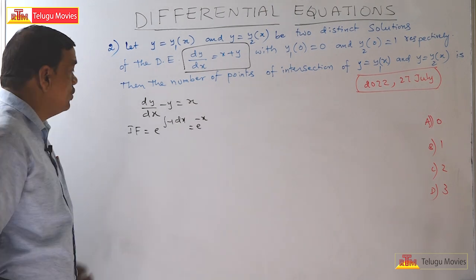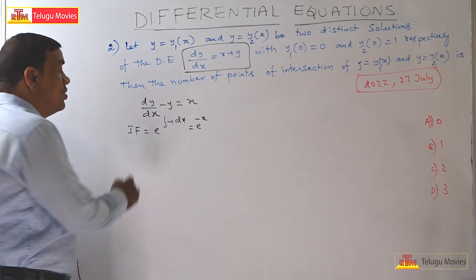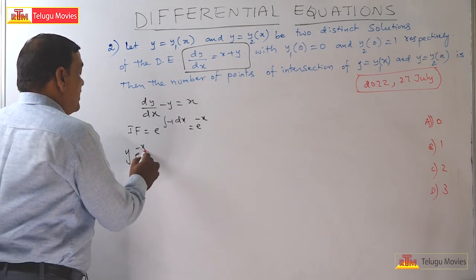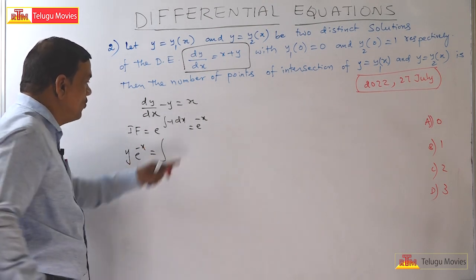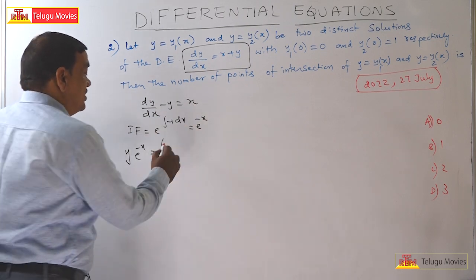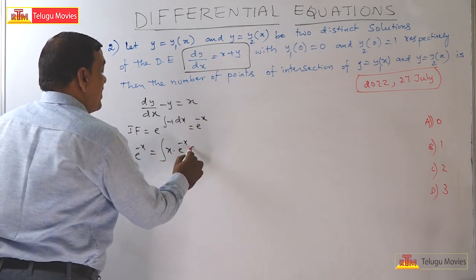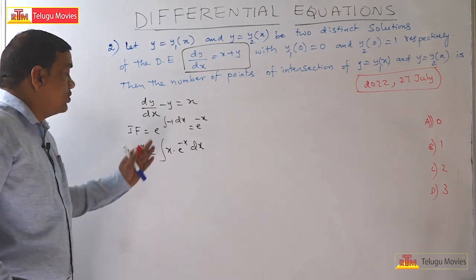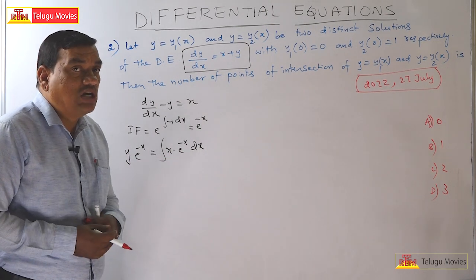Now what is the general solution? Now y into e power minus x is equal to integral of x into the integrating factor dx. This is clearly the by parts formula.